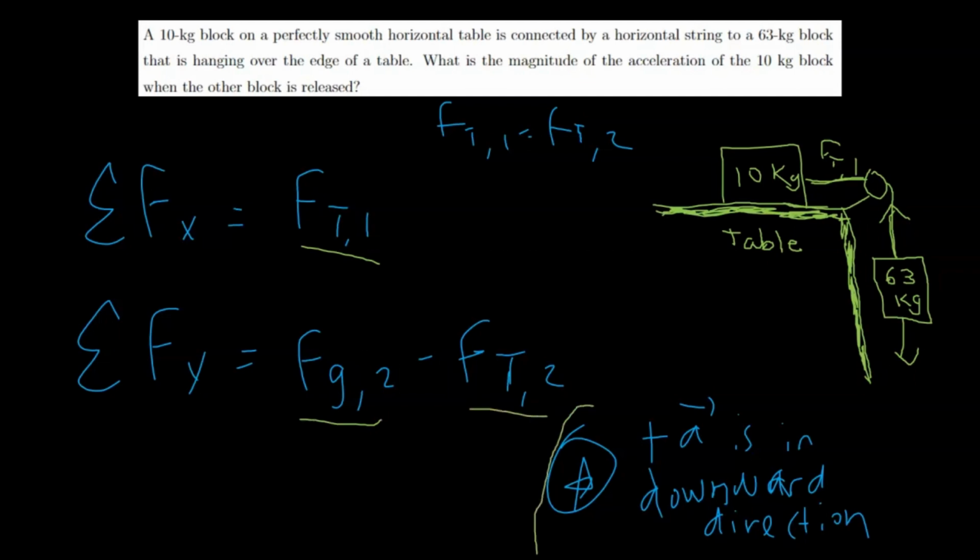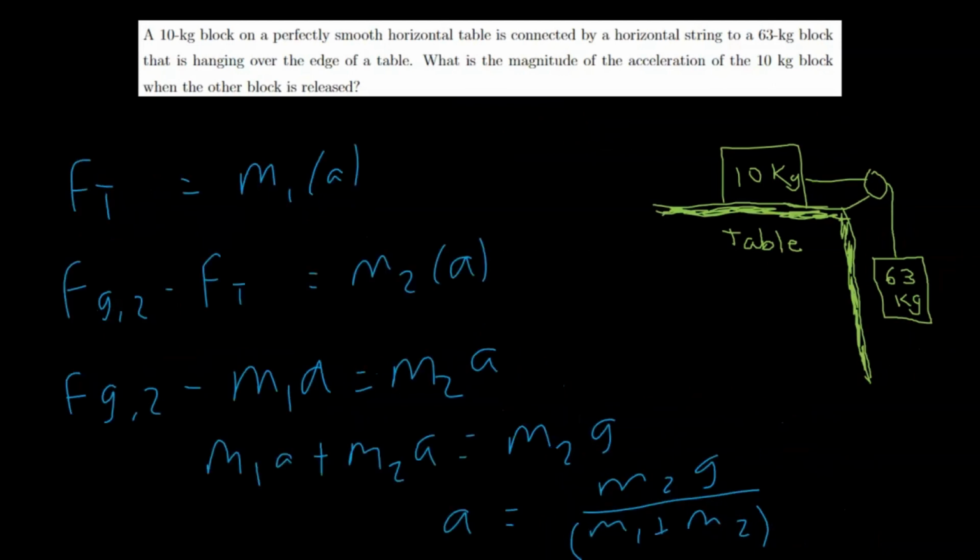And in the context of our problem, we're defining positive acceleration in the downward direction. So this box is going this way, and then this box is going that way. So the force of gravity is positive, and the force of tension is positive in this case. So through Newton's second law, the net force equals ma.